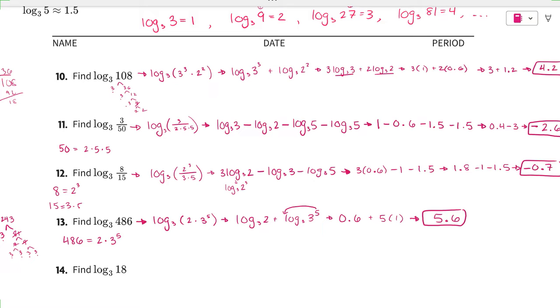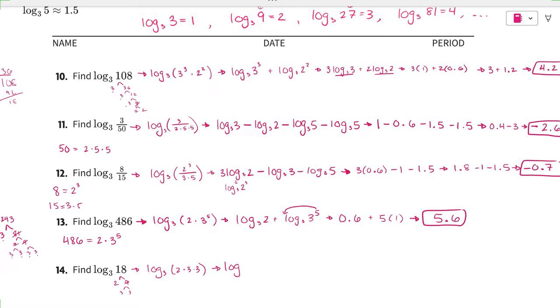Okay, 18. Again, look for those 2s and 3s. 18 is a 2 times 9, which is 3 times 3. So I'll do this one without using exponents. Log base 3 of 2 times 3 times 3.